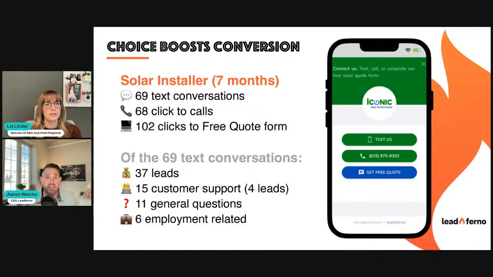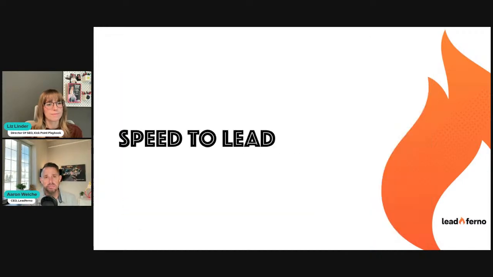So we saw a really even base, and we see this a lot where if they offer 3 or 4 options, 2 or 3 of them are pretty evenly used. Out of those 69 text conversations, 37 were leads, 15 were existing customers needing support, 4 were basically leads because they needed additional services, 11 were just general questions, and 6 were people looking for a job and wanting employment.